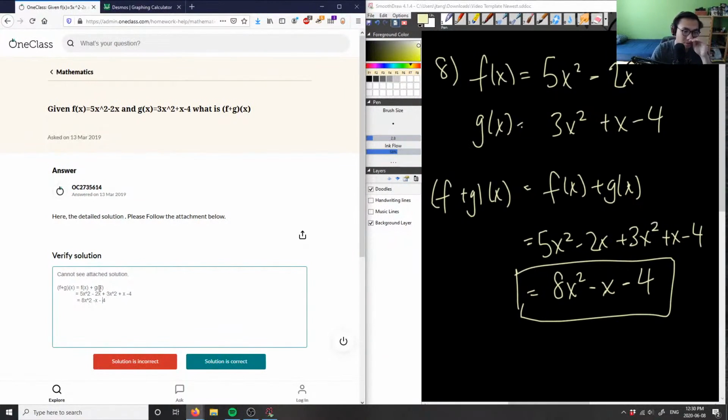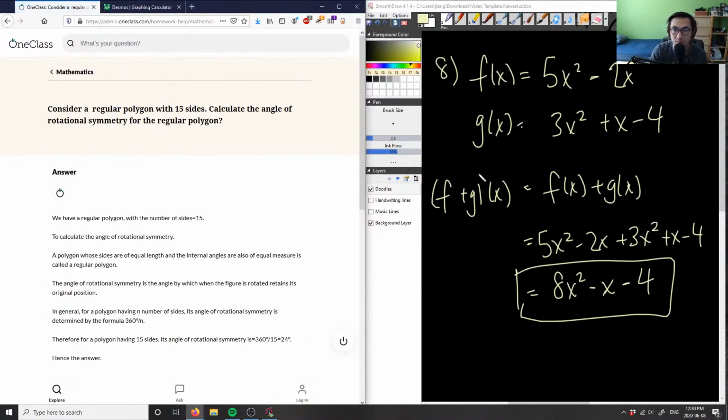And this here is our solution for this problem. 8x squared minus x minus 4. So the solution is incorrect because again, I cannot see the detailed solution attached.